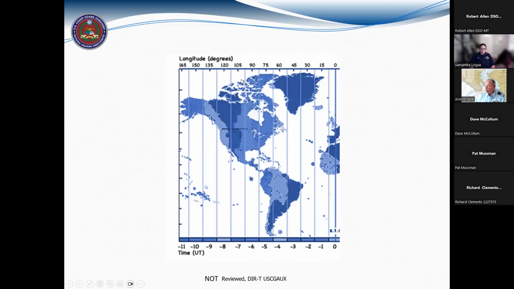And 105, as you can see, is approximately just to the left of the center of the United States, so it could be moved in either direction as needed.